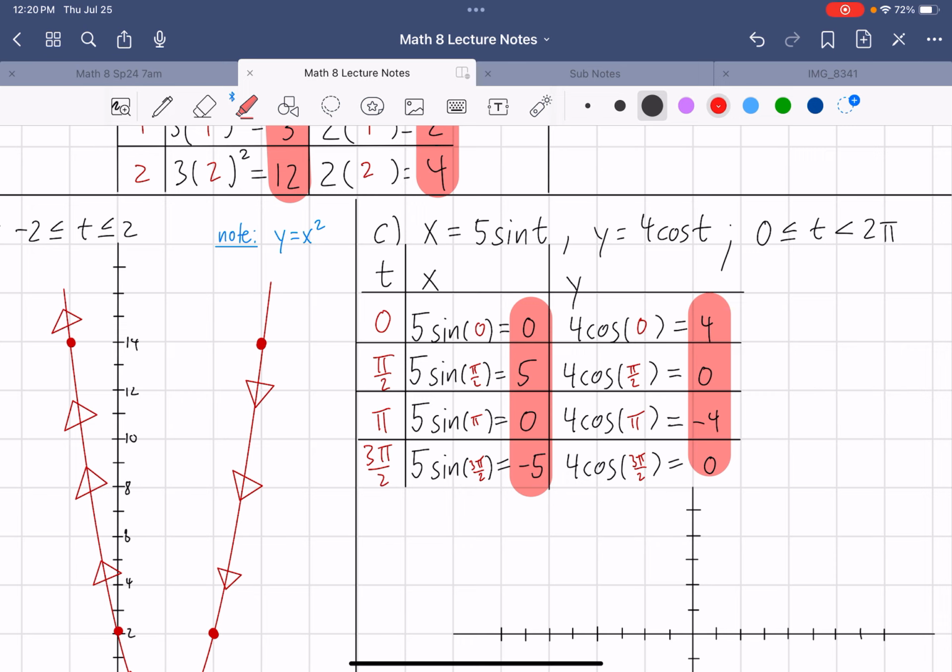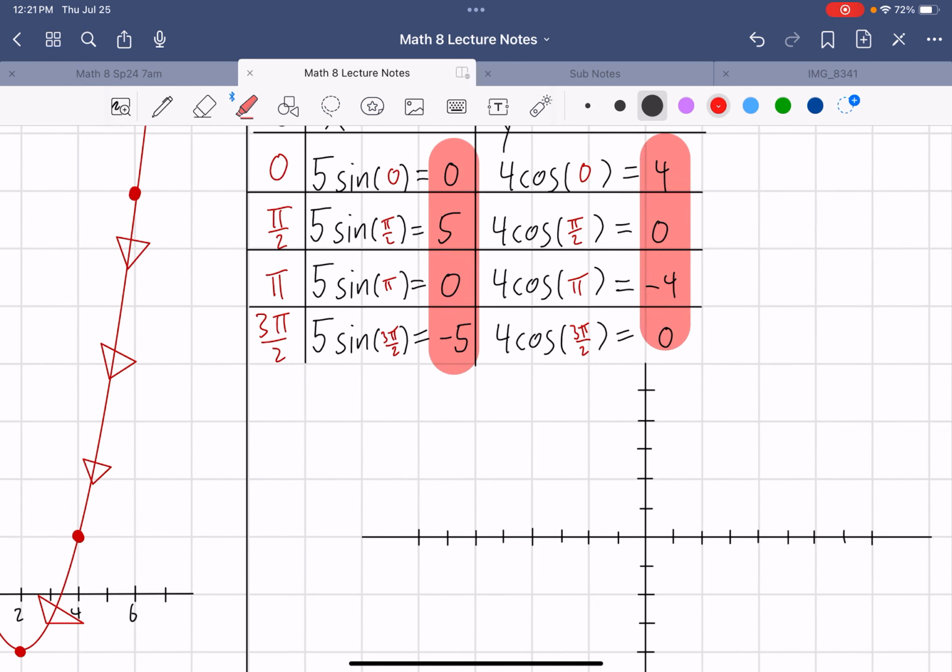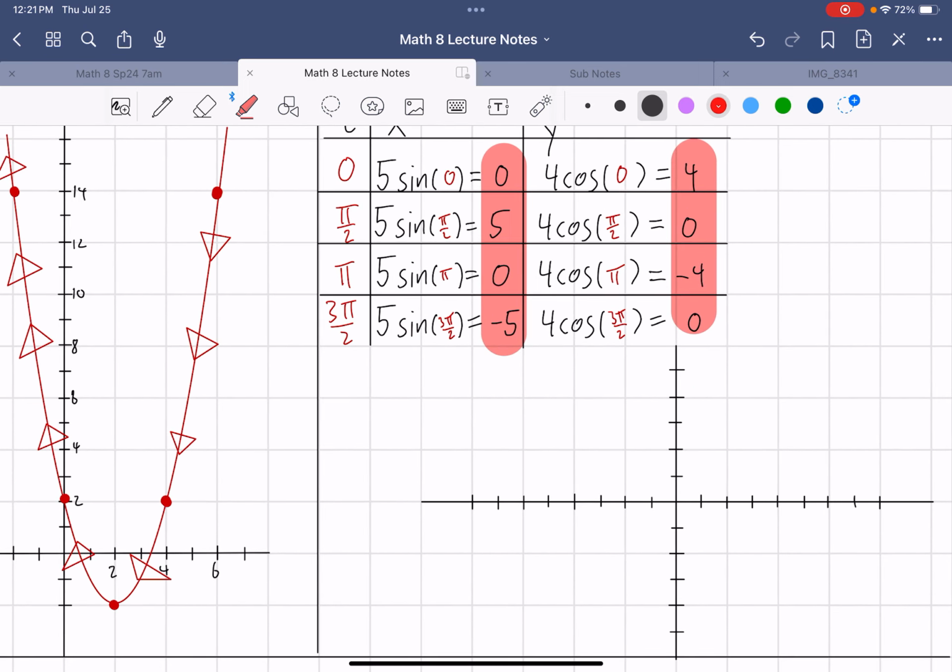And we can just plug these in. So my first point is at 0 and 4, right up top. My second point's at 5 and 0, and then we have another point at 0 and negative 4.